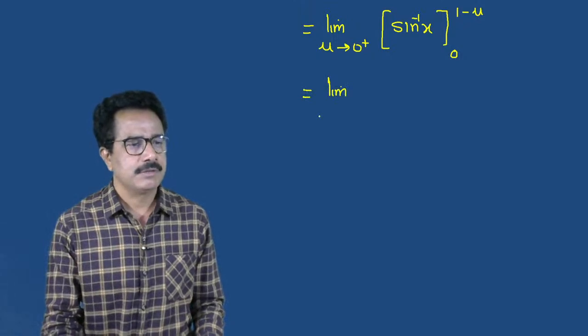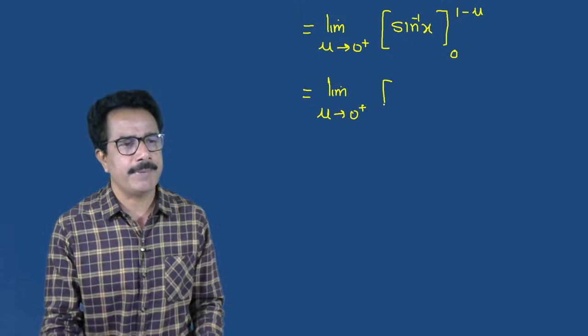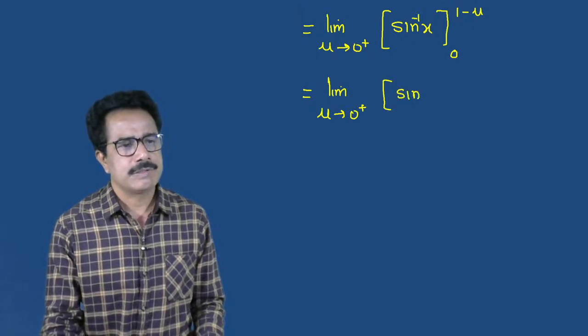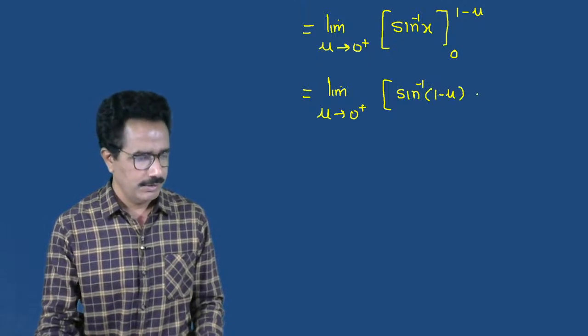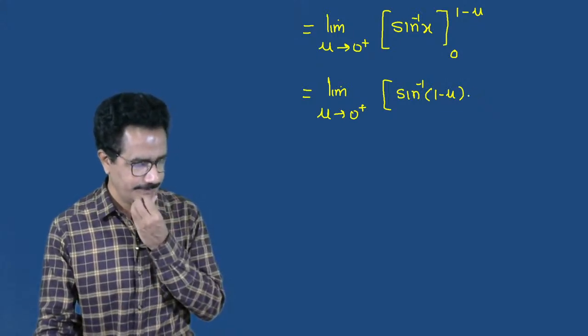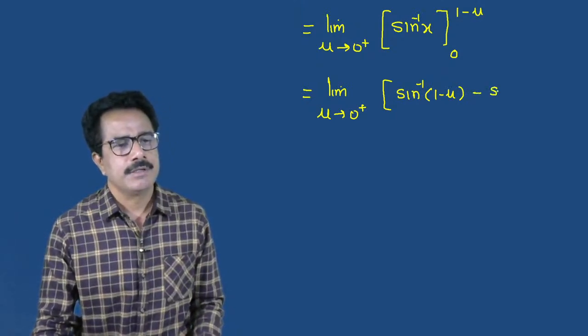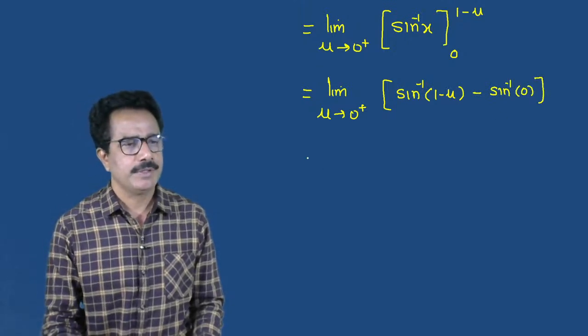Limit mu tends to 0 positive. Now put the upper limit, sine inverse of 1 minus mu, minus sine inverse of the lower limit 0.